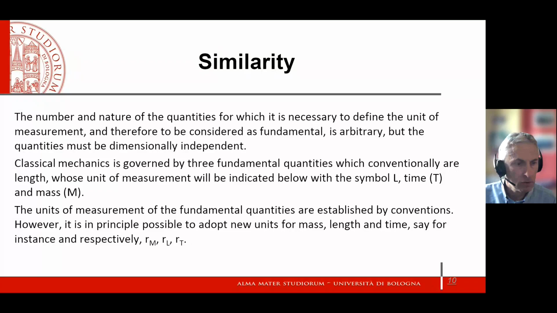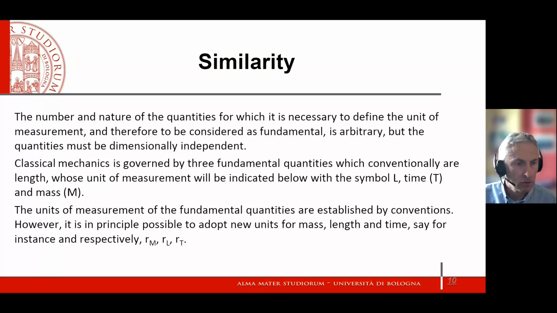Therefore, once I have to study a process, I may decide to focus on a limited part of it, and therefore I may reduce the number of the fundamental quantities. I can decide to remove mass from the fundamental quantities. I don't need it. So the number is arbitrary in the sense that it can be reduced.